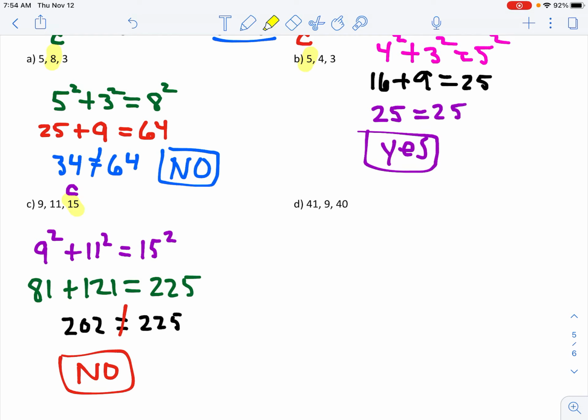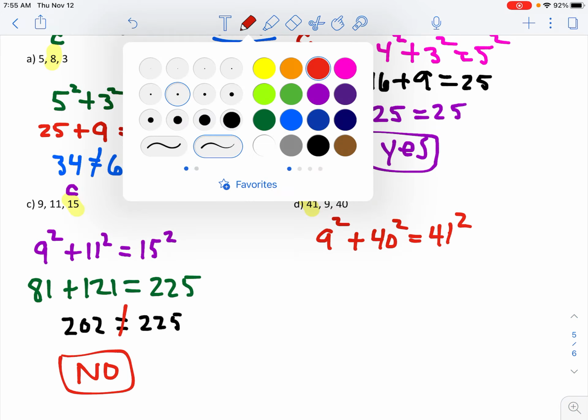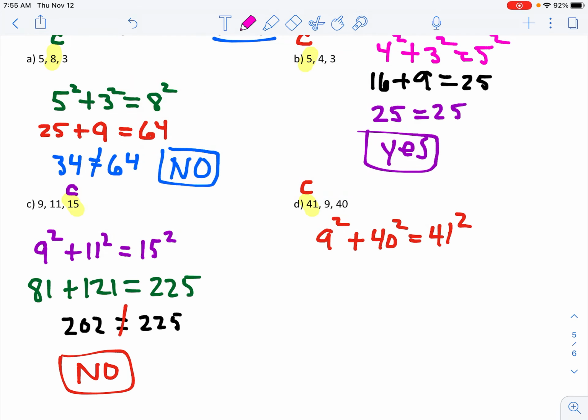All right, let's go ahead and do one more. I'm going to highlight my biggest number. That's my C. Means my other 2 sides are A and B, so 9 squared plus 40 squared equals 41 squared. All right, let's clean these up, turn them to numbers.